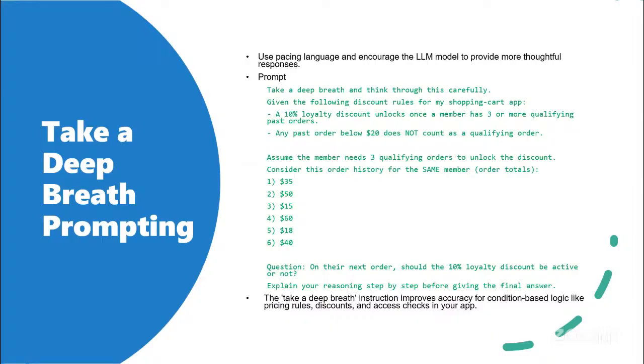Given the following discount rules for my shopping cart app, a 10% loyalty discount unlocks once a member has three or more qualifying orders. Any past order below $20 does not count as a qualifying order. So now you're giving it different numbers and asking, on their next order, should the 10% loyalty discount be active or not, right?